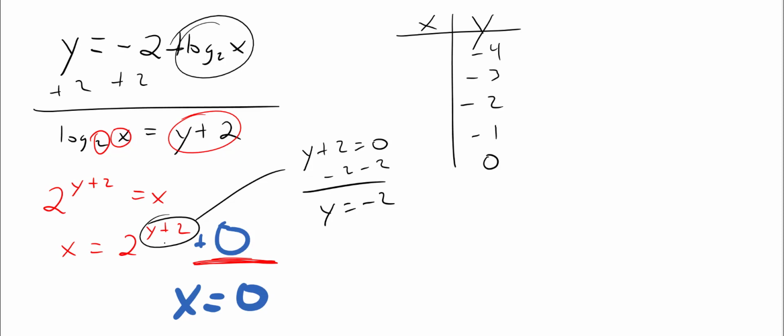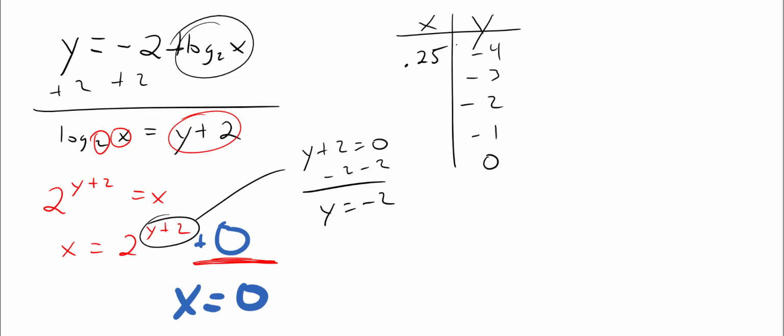If I put negative 4 in there, I get negative 4. Again, you're putting it all in your calculator, all with parentheses, just like I've showed you before. Negative 4 plus 2 is negative 2. 2 to the negative 2 is 0.25. There we go, 0.25.